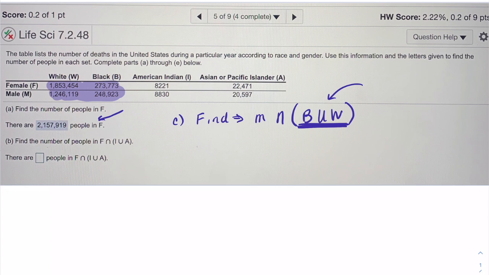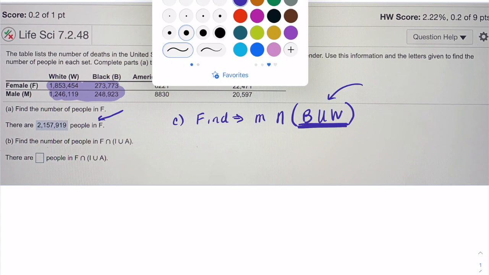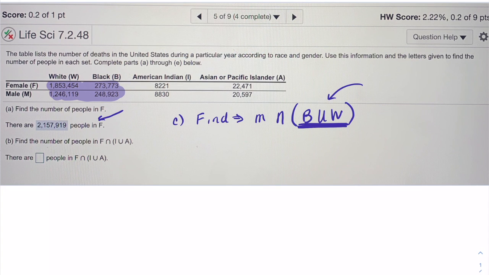So now let's intersect that. So now I want all the people who are black or white, and I want to take only the males. So all of the males is this group here. So I want to take this set, and I want to find where that intersects with this set.